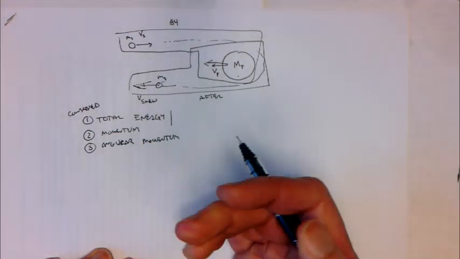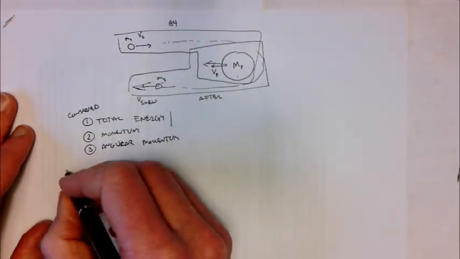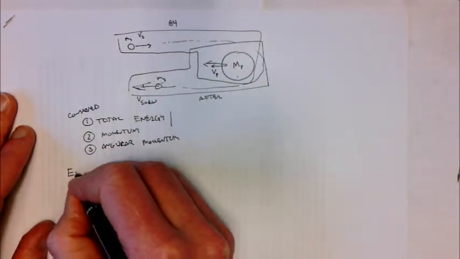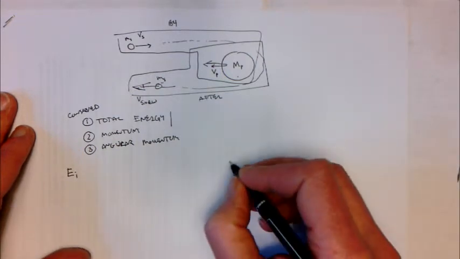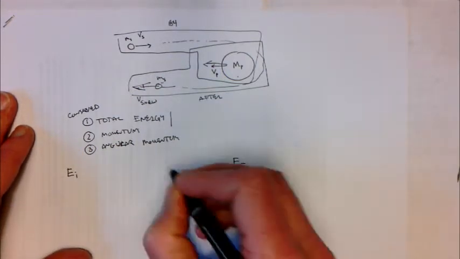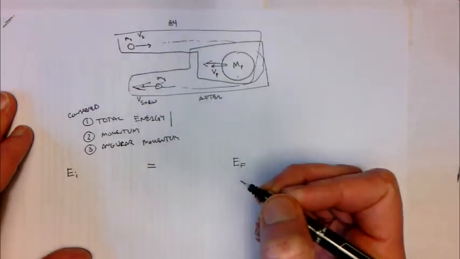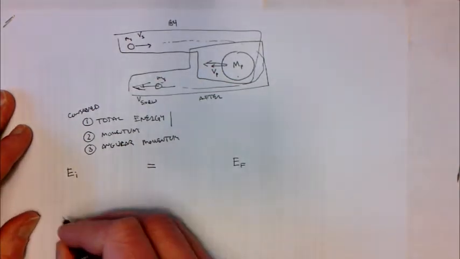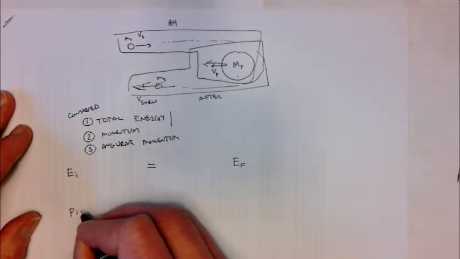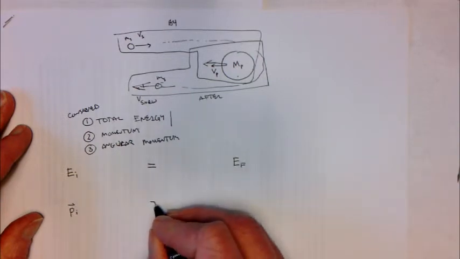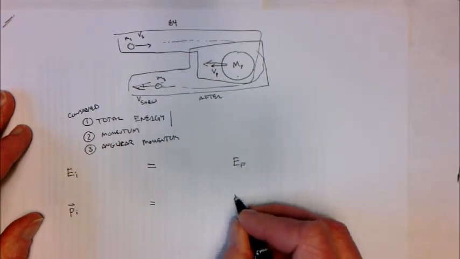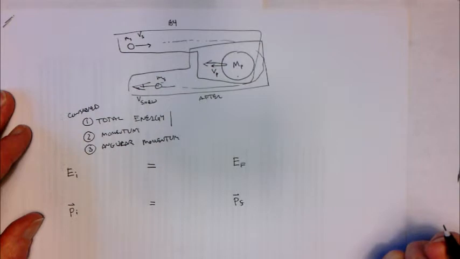At this point I can ask, what's my initial energy for the system, and what's my final energy for the system, and those two have to be equal to each other. By the same token, I should be able to ask what's my initial momentum for the system and my final momentum for the system, and those two things have to be equal to each other.